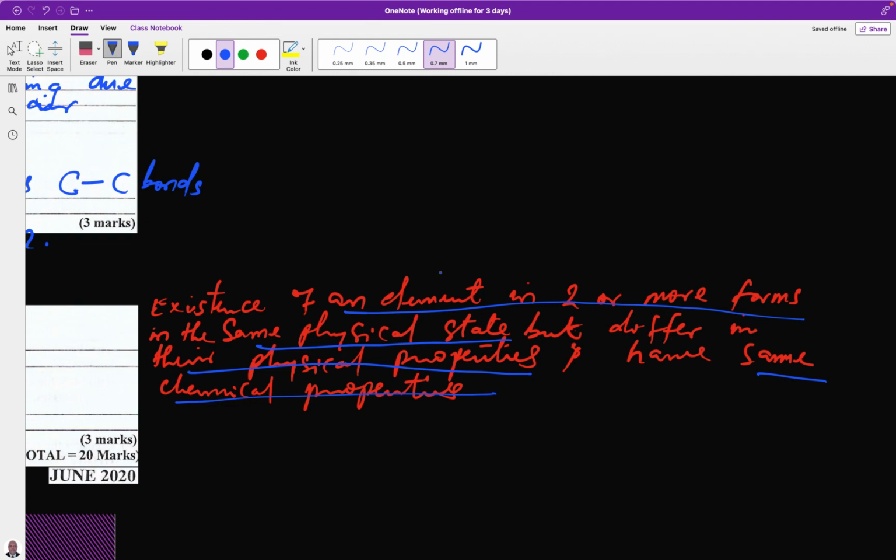In the same physical state, they are all crystalline solids, but they differ in their physical properties. Diamond is harder. Graphite is softer. Graphite can conduct electricity because of the delocalized electrons there, but diamond cannot conduct electricity. That's why I say they differ in their physical properties and have the same chemical properties.